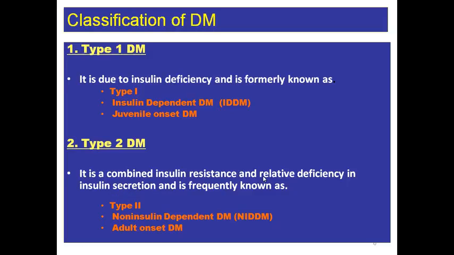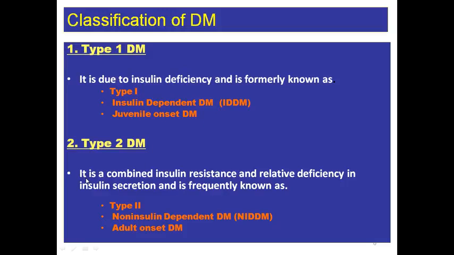Classification of diabetes. Diabetes is classified mainly as type 1 diabetes or type 2 diabetes. Type 1 diabetes was formerly called insulin-dependent diabetes and juvenile onset diabetes, because it was considered to be a diabetes of the younger age group of children, but now the concept has changed.